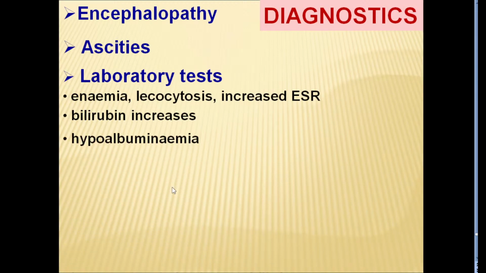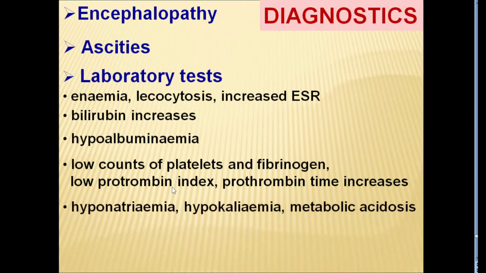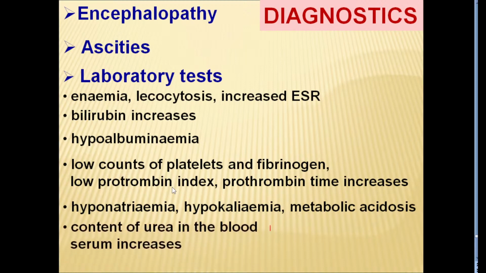We reveal decreased protein metabolism, hypoalbuminemia, low counts of platelets and fibrinogen, and a disordered coagulogram, and first of all we pay attention to the prothrombin index. We can reveal electrolyte disorders, hyponatremia, hypokalemia, metabolic acidosis or alkalosis, and the urea content in the blood serum increases due to formation of hepatorenal syndrome.